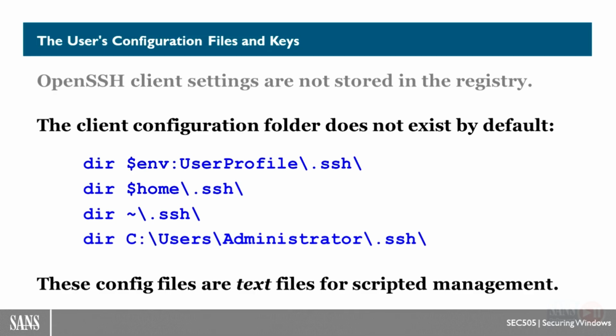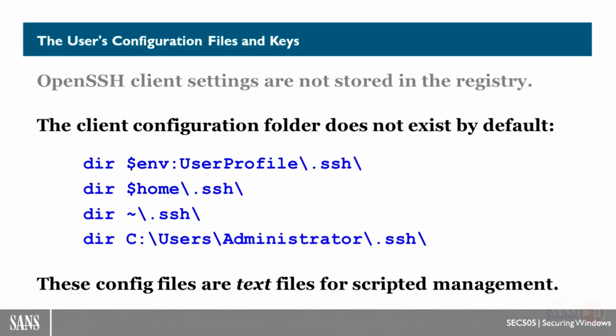And just be aware that through group policy, you can overwrite files on your users' machines, including their SSH configuration files. And because these are relatively simple text files, we can also script the management of the files. So for example, if you wanted to comment or uncomment a keyword in one of these files, that can be relatively easily scripted if that's how you want to install it.